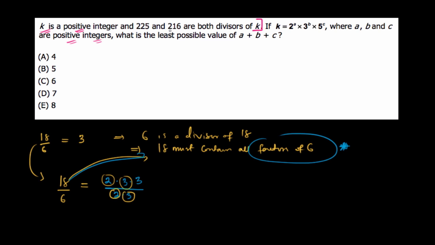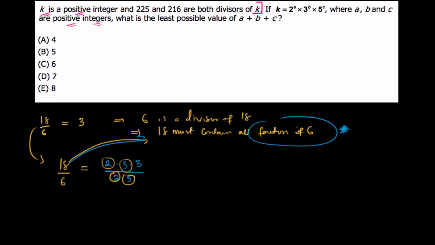So if 225 and 216 are both divisors of k, then based on the analogy we have here, k must contain all the factors of 225 and 216. That is what it implies.